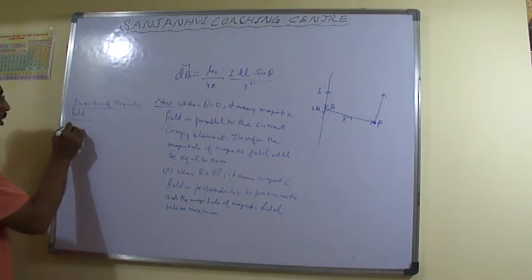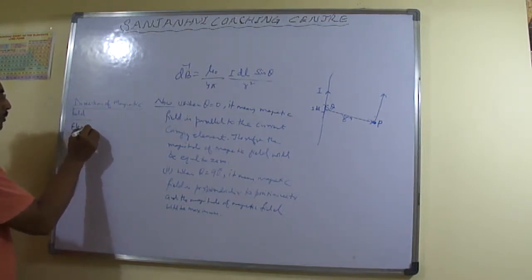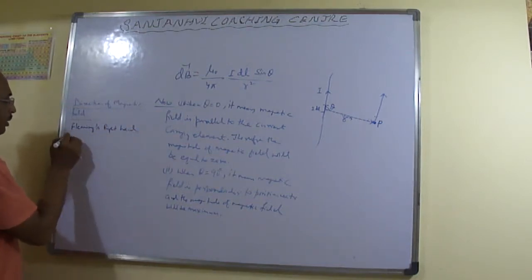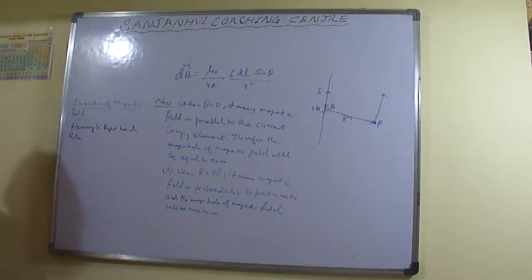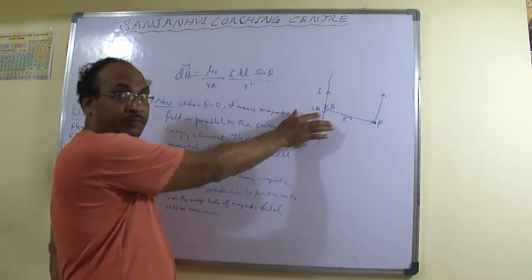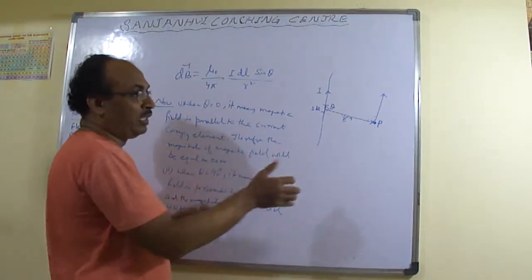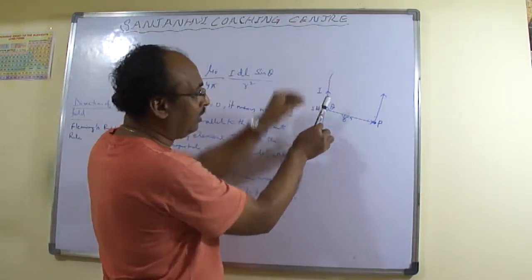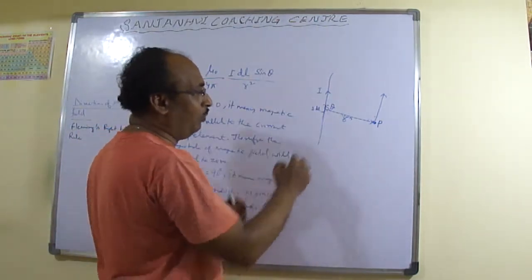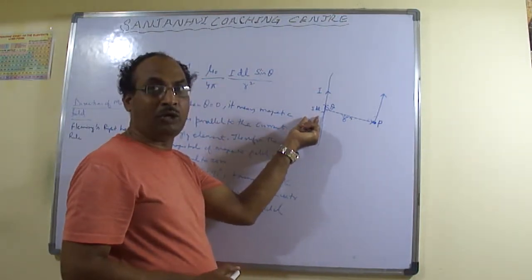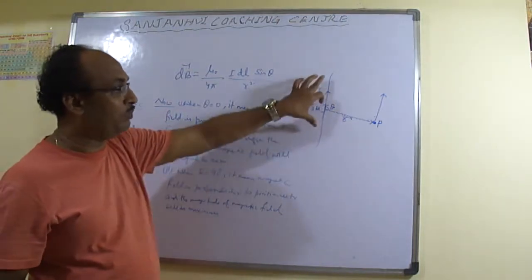So if you are expressing with your thumb the direction of current, what will be the direction of current carrying element I dl? It will always be in the direction of current.